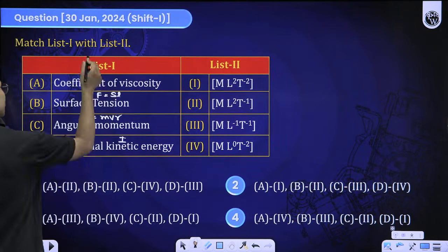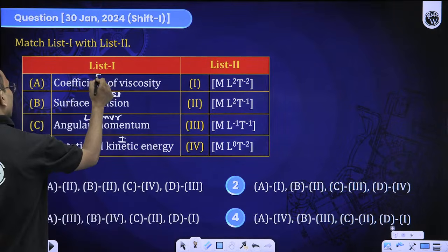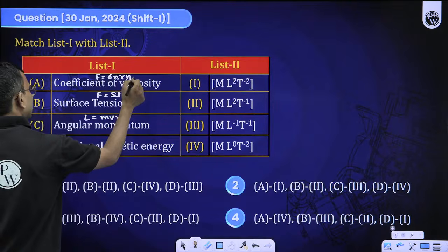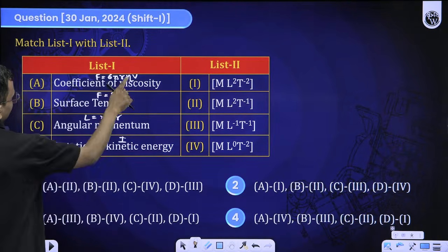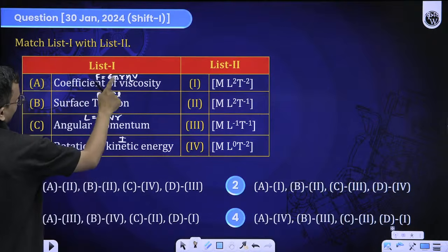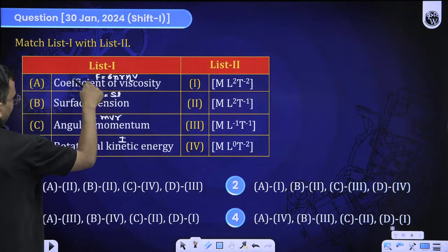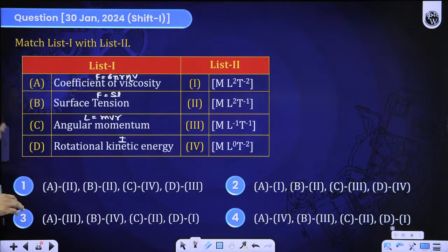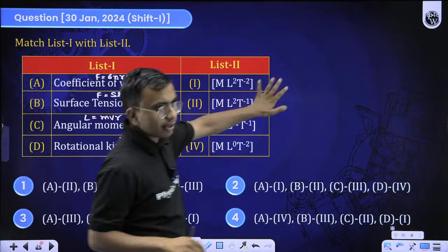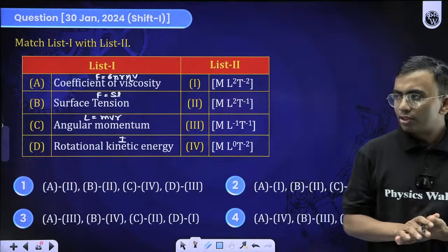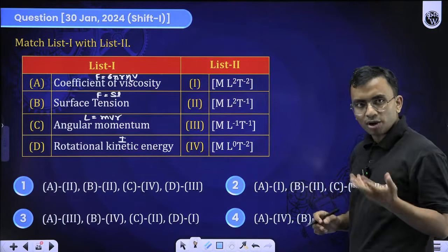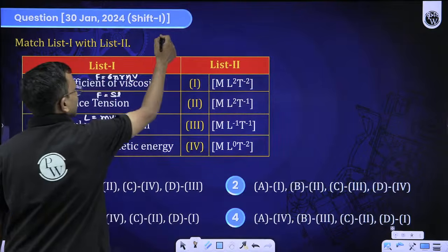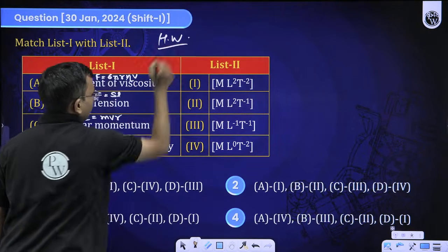For coefficient of viscosity, you can use the formula force is equal to 6 pi r eta v, where eta is the coefficient of viscosity, r is the radius, v is velocity, 6 pi is my dimensionless constant here, and F is the force. Using these formulas, you can find the dimensions of that. So you can do this exercise from your side. After this class, you will get the notes. So this is your homework.